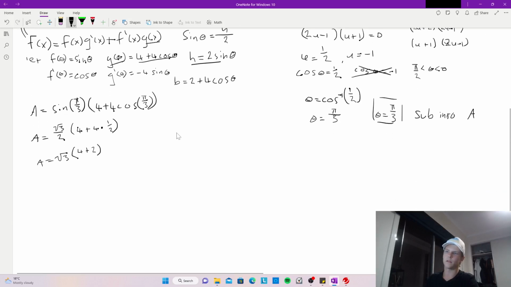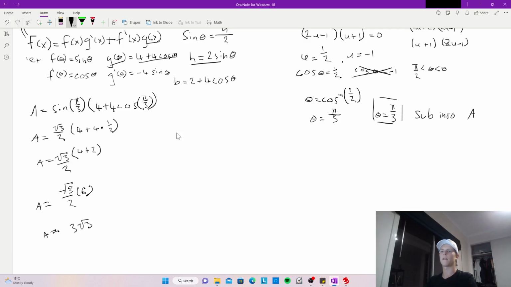I forgot the 2 at the bottom here. So therefore A is equal to square root 3 over 2. I don't know why this is taking so long. For working out, it's always best. And then this 6 and the 2 will simplify to be 3 square root 3.